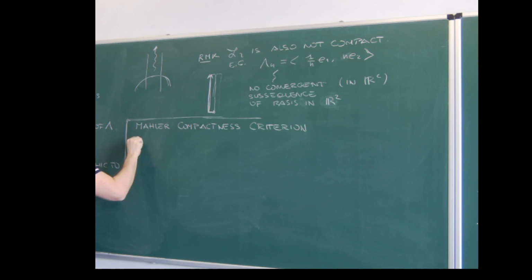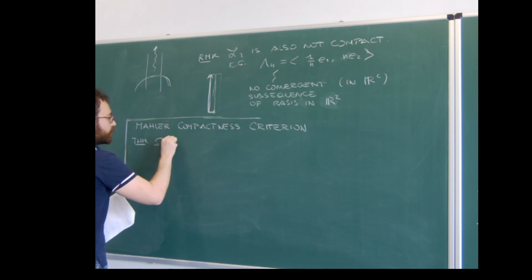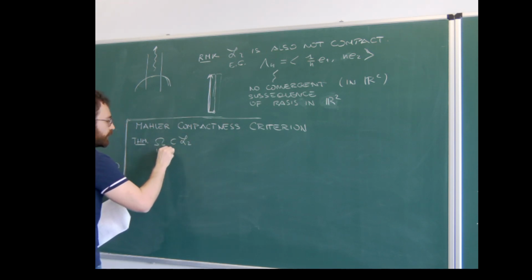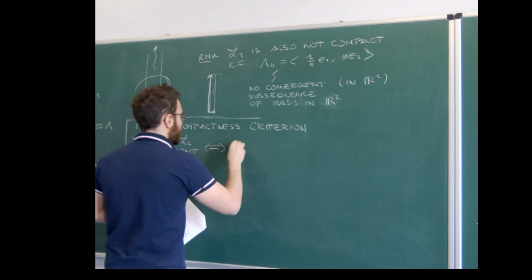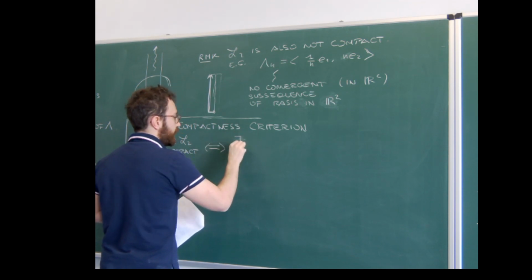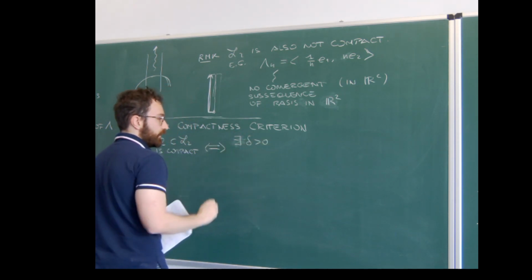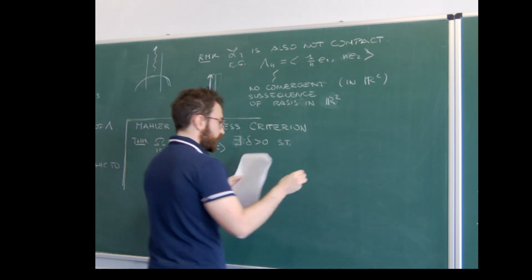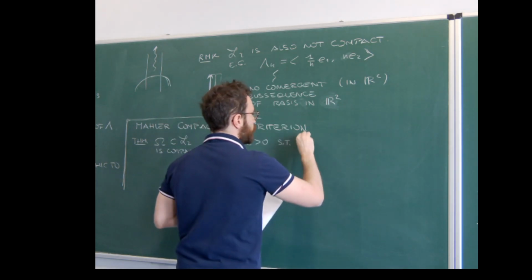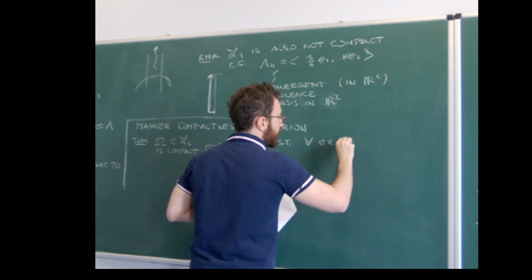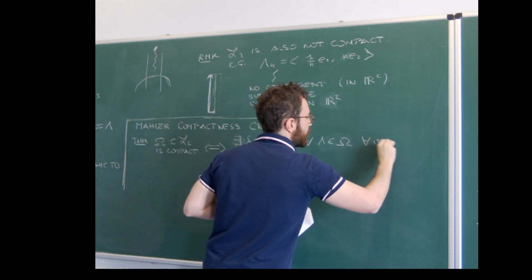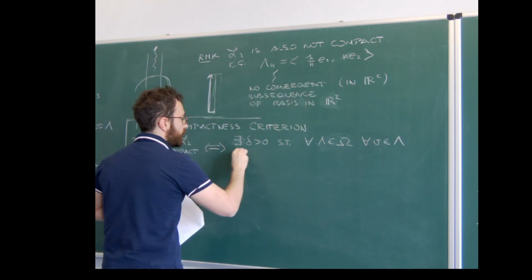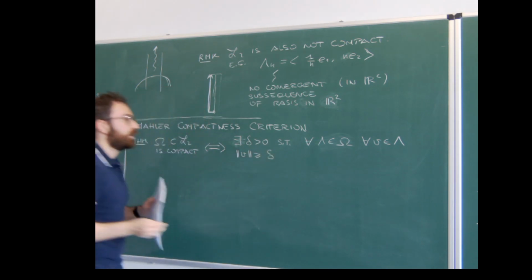It says the following. Theorem: Omega contained in L2 is compact if and only if there exists a lower bound delta positive such that for all lambda in Omega, and for all v in lambda, the length of v is bigger than delta.